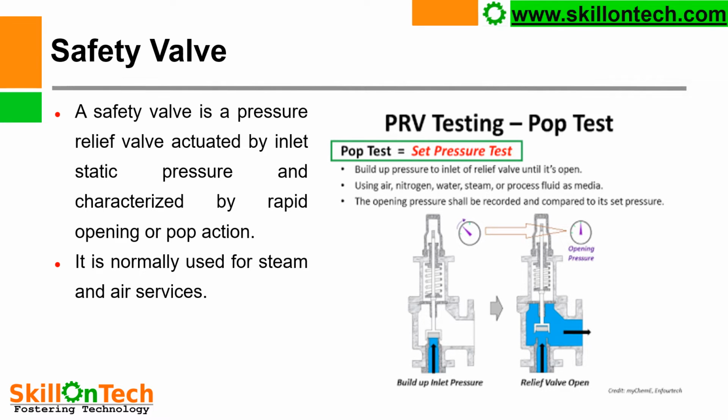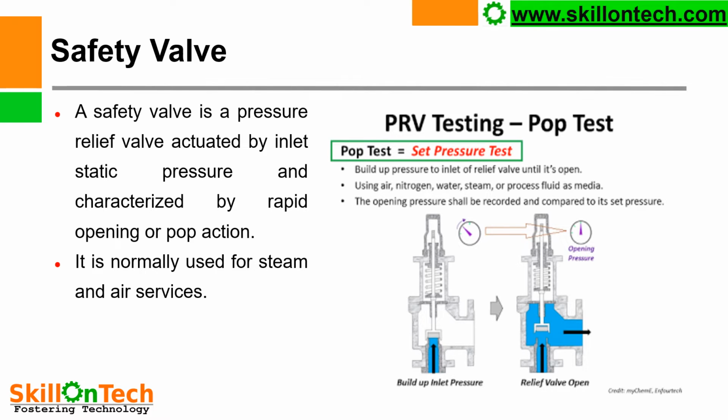Safety valve. A safety valve is a pressure relief valve actuated by inlet static pressure and characterized by rapid opening or pop action. It is normally used for steam, air, or gas services.